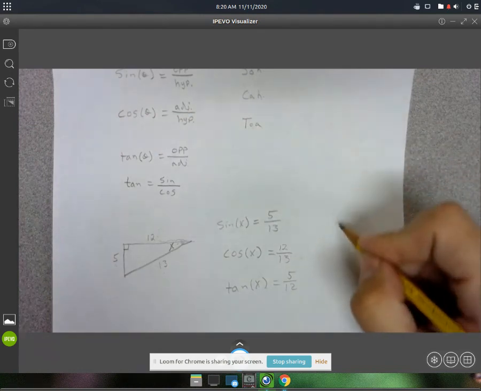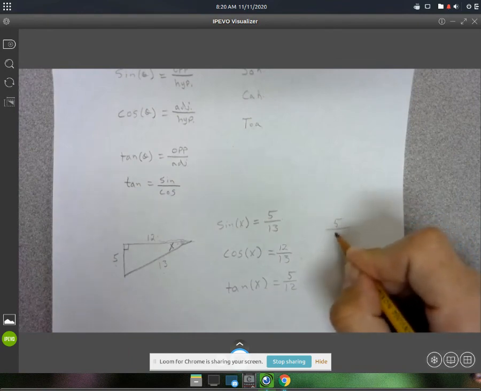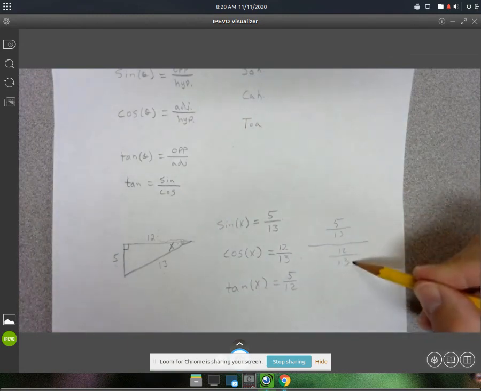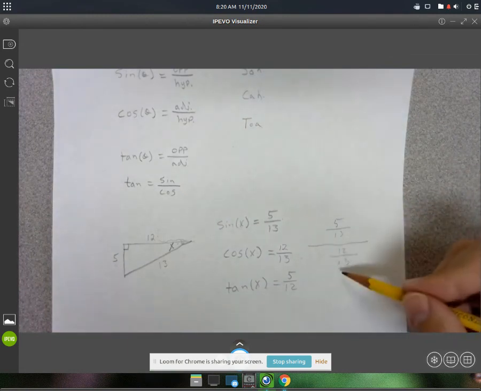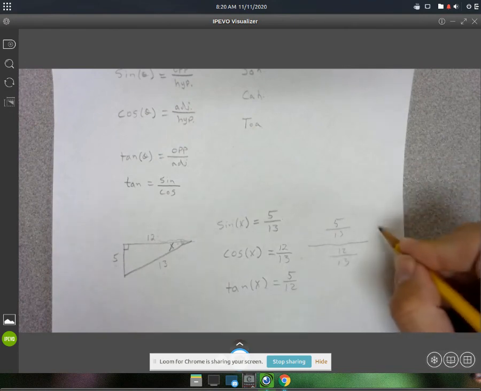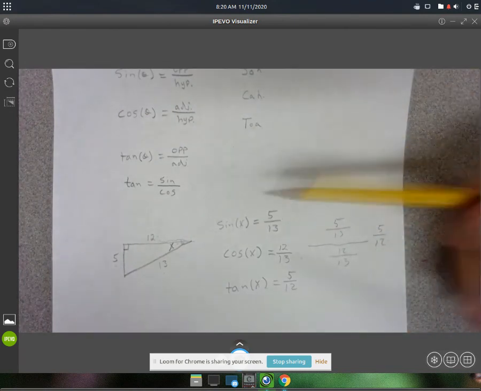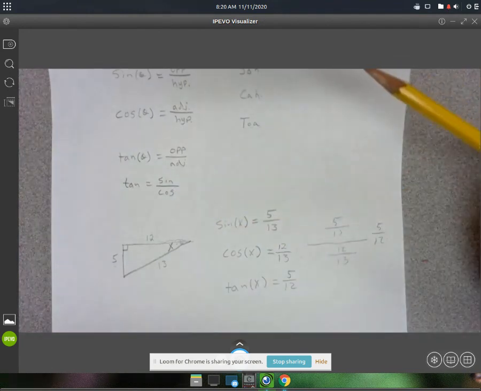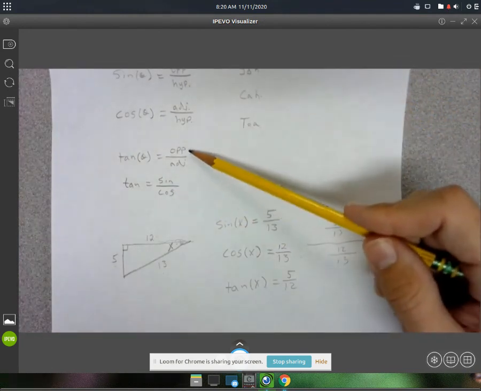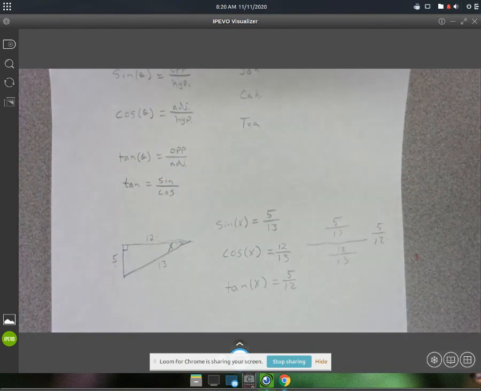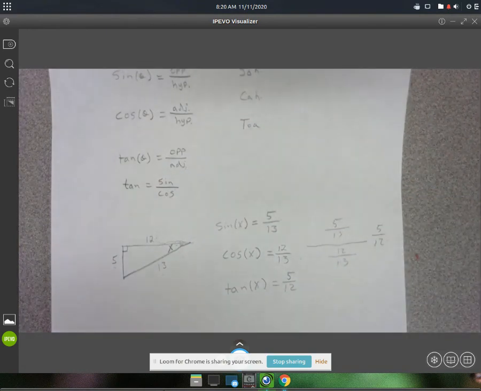If you stack 5 over 13 over 12 over 13, sine over cosine, the 13s just cancel, and you're left with 5 over 12 again. So that's another way we define tangent. Instead of opposite over adjacent, you can think of it as sine over cosine. We'll do some more examples in a moment.